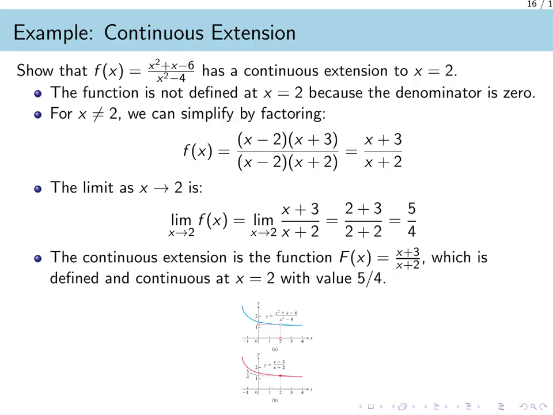This reveals that the function behaves just like x plus 3 over x plus 2. By taking the limit as x approaches 2, we find the value that plugs the hole is 5 over 4. The continuous extension is the new function f of x equals x plus 3 over x plus 2, which fills the gap and makes the function continuous at x equals 2.